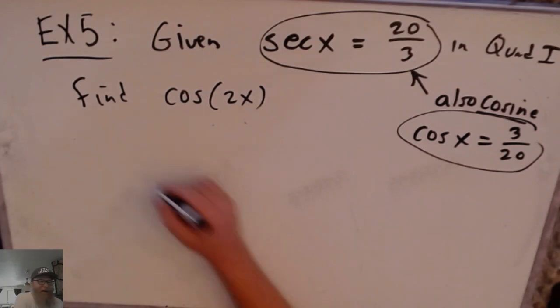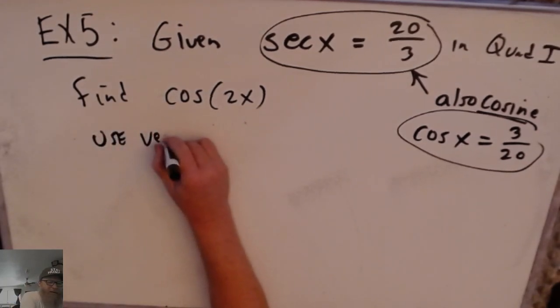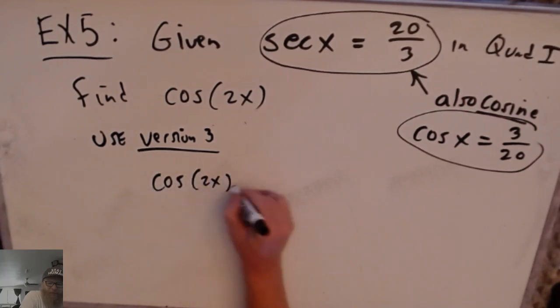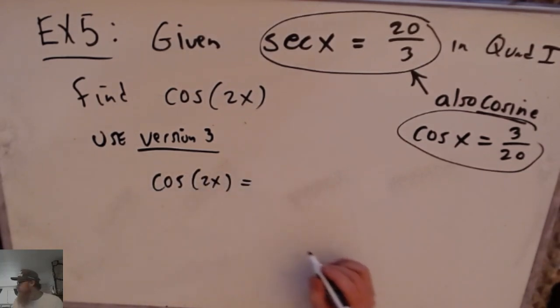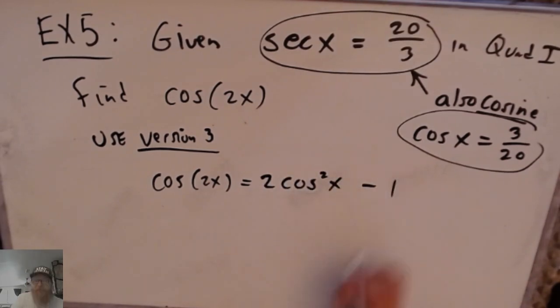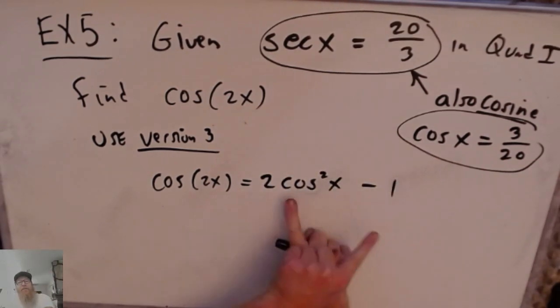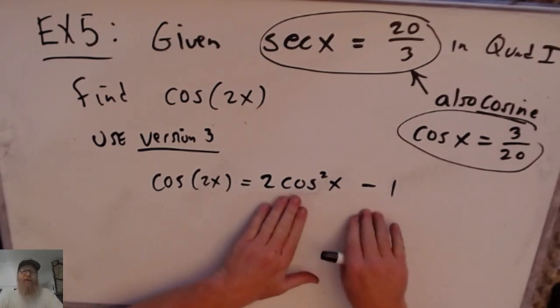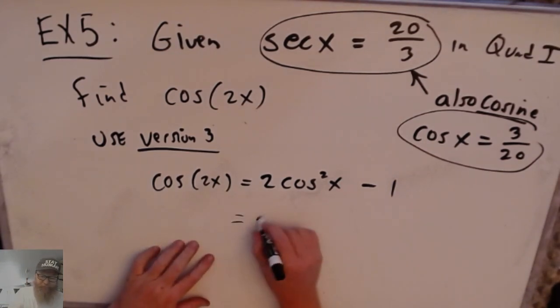I would use version 3. Cosine double angle for version 3 was 2 cosine squared x minus 1. Make sure you have it in the right order. I've made a million mistakes where I think I have the formula right, but it's backwards. So this is the correct order. If you have to look at your notes, look at your notes.